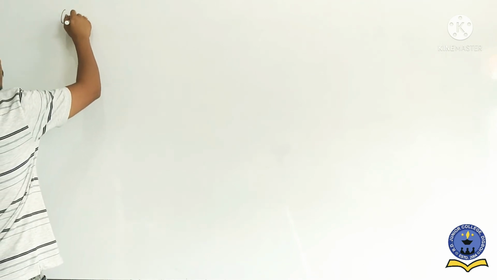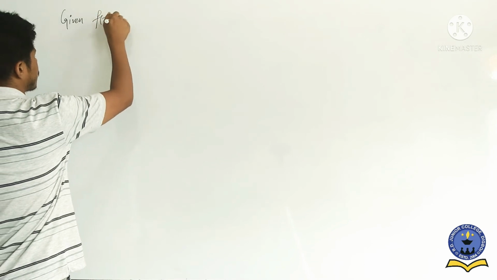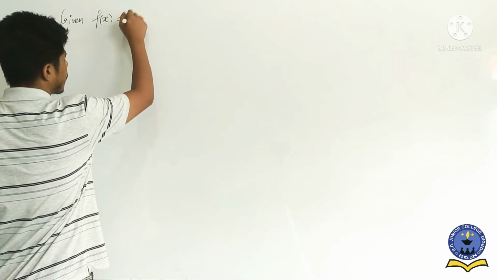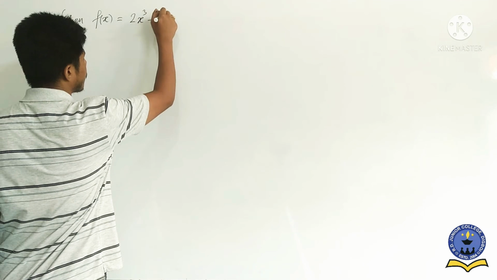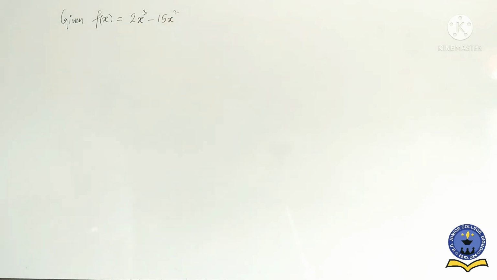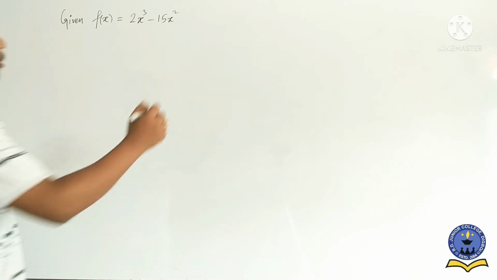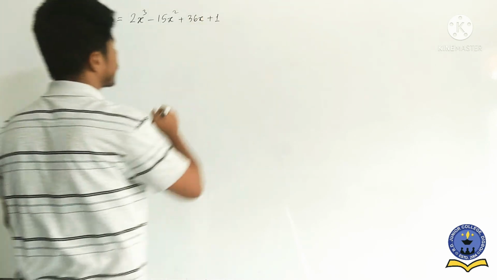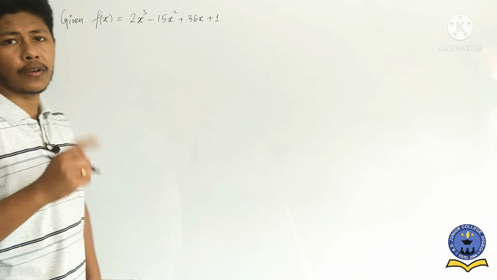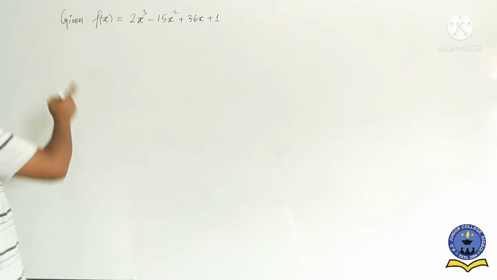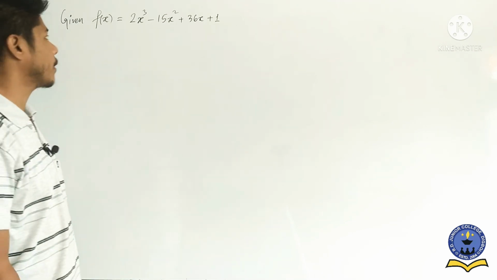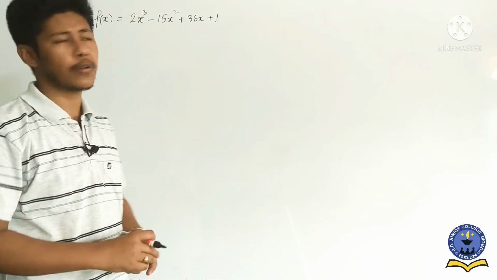So first of all you have to write "given": f(x) = 2x cubed minus 15x squared plus 36x plus 1, and the interval is given as 1 to 5, a closed interval. So the function is 2x cubed minus 15x squared plus 36x plus 1, and the interval is from 1 to 5, closed interval.